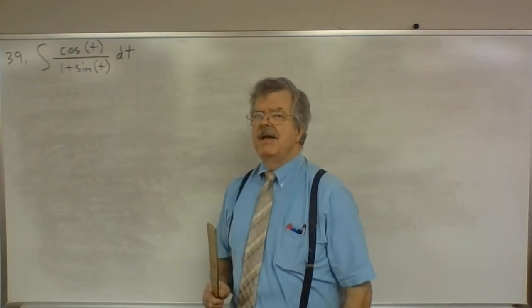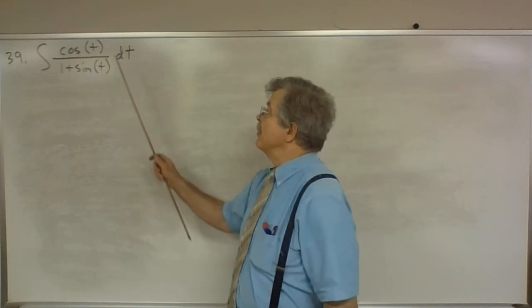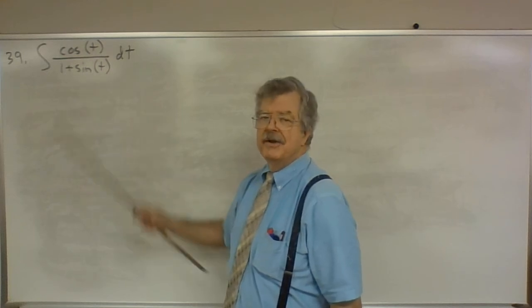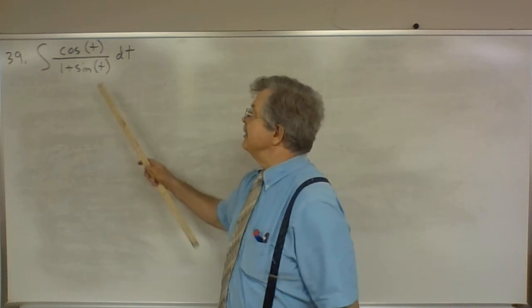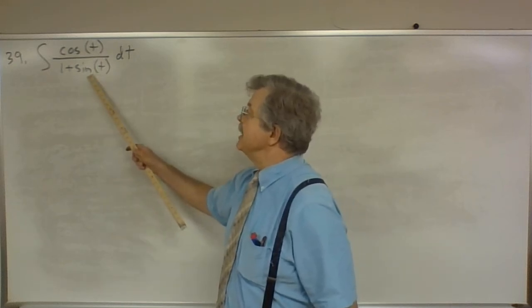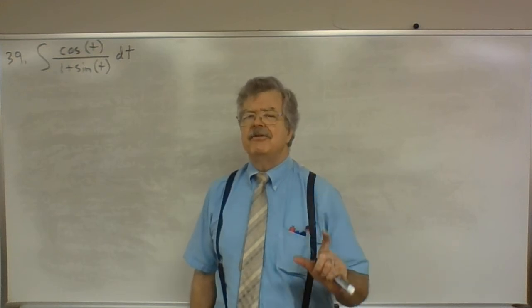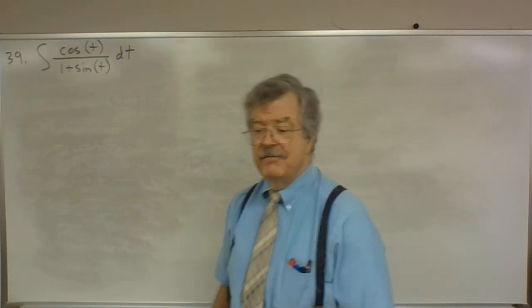We don't have a known antiderivative or integral form for when we have the function in the numerator and the derivative in the denominator. So the way we want to look at this is function in the denominator, derivative in the numerator, because that fits a known integration or antiderivative form.